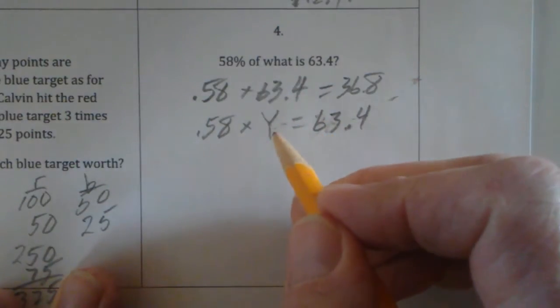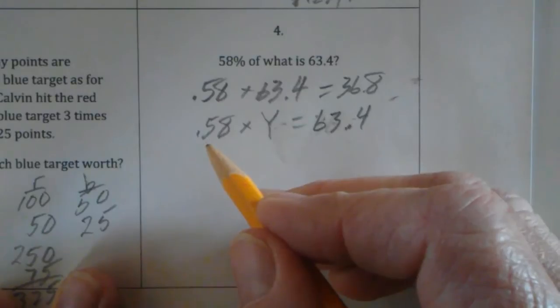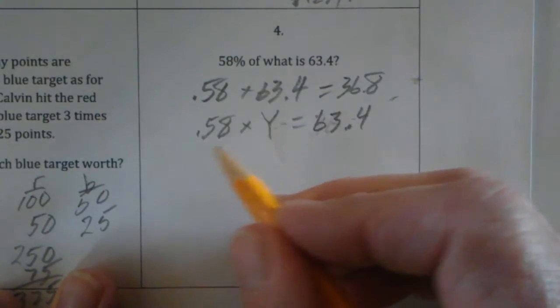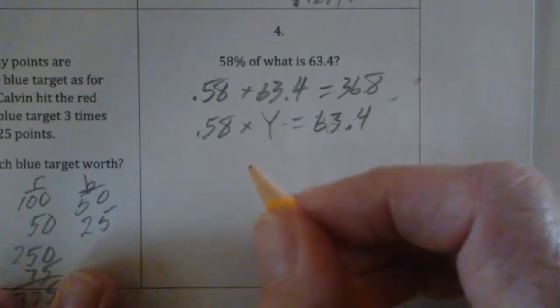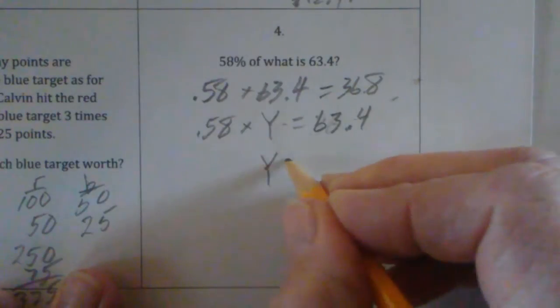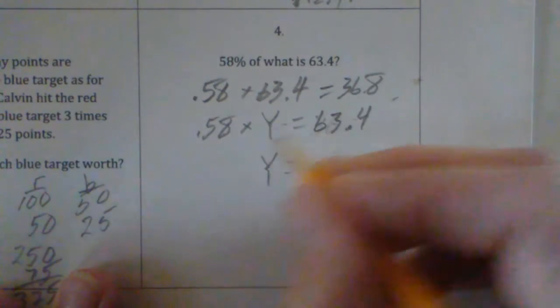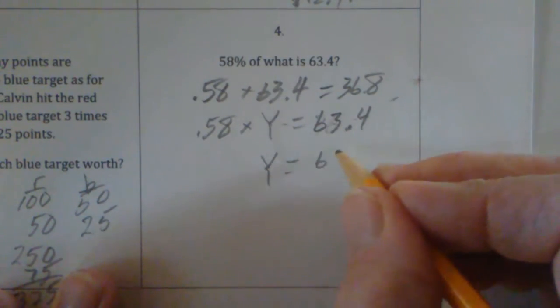Now, I want to solve for y. How do I do it? I divide by 0.58. That'll make this 1y. So y is equal to, and if I divide this by 0.58, I divide this by 0.58.